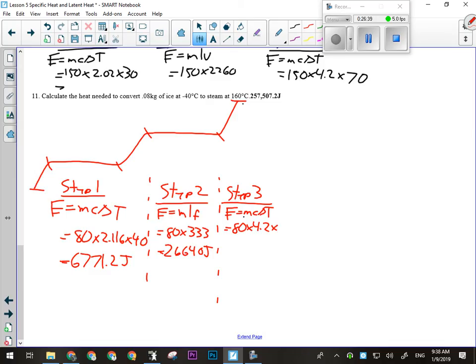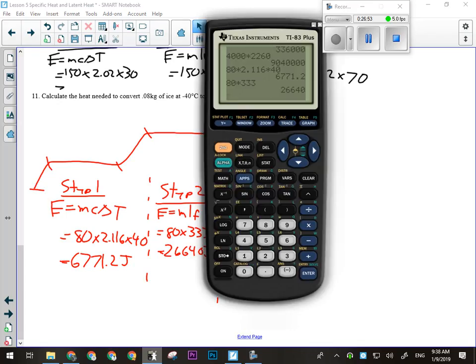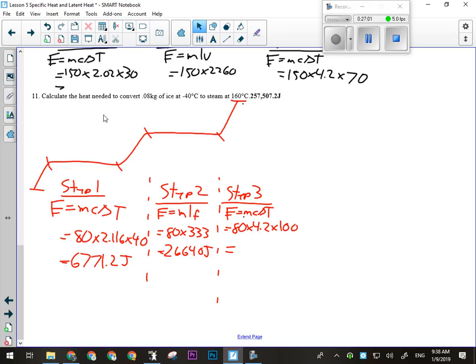How much am I changing the water's temperature by? 100 degrees. I'm going from 0, on my way to 160. It's only liquid water till it gets to 100. So changing it by 100 degrees Celsius. So 80 times 4.2 times 100. So we're looking at 33,600 joules.